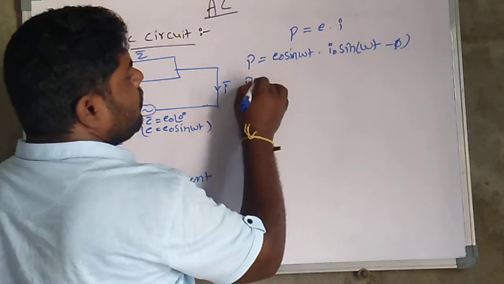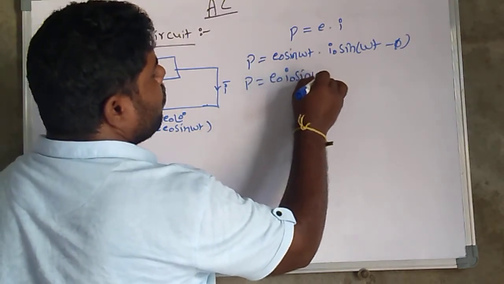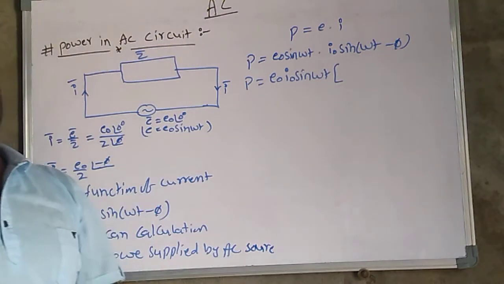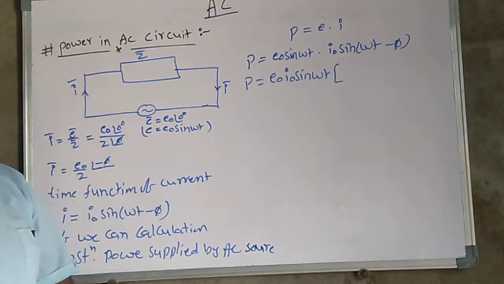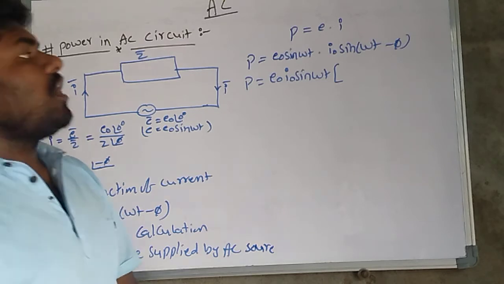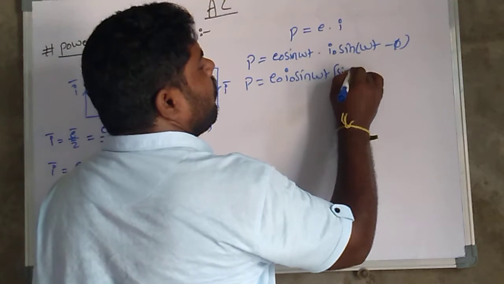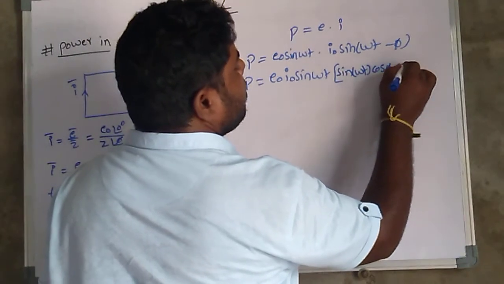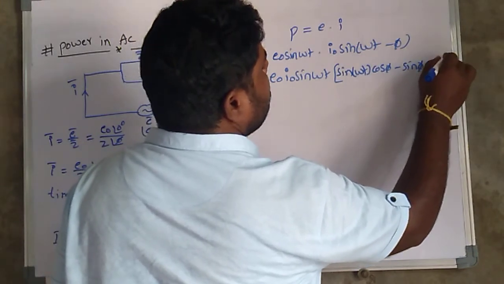So P is equal to E naught I naught sine omega t into sine of omega t minus phi. According to the trigonometric formula, sine of A minus B is sine A cos B minus cos A sine B. So sine of omega t into cos phi minus sine phi into cos omega t.